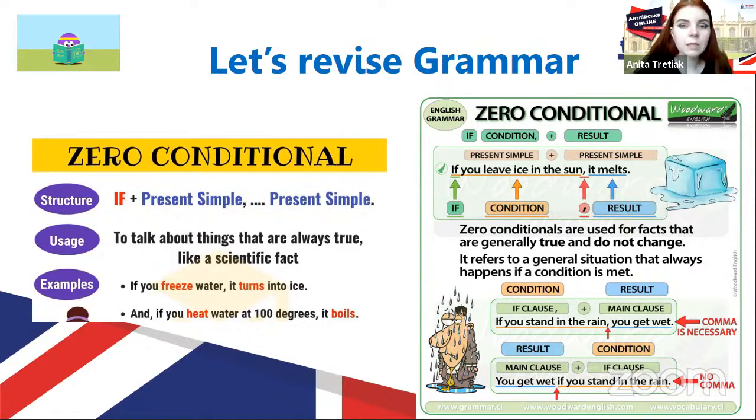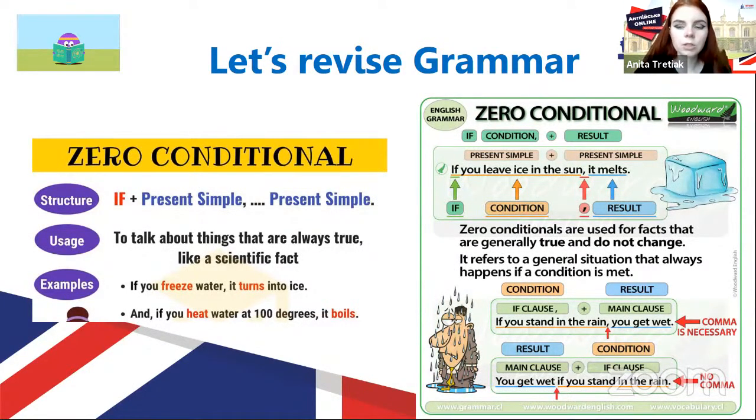And that is a scientific fact because you know that for this temperature, you won't have liquid water, you will have only ice. That's why we call it a scientific fact. Another thing, and if you heat water at 100 degrees, it boils.